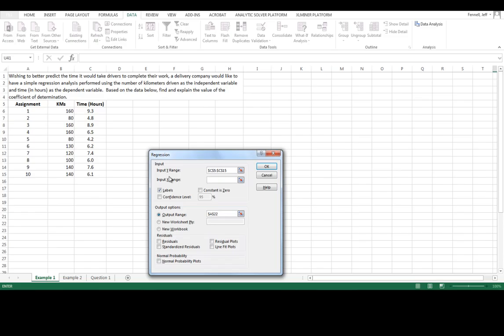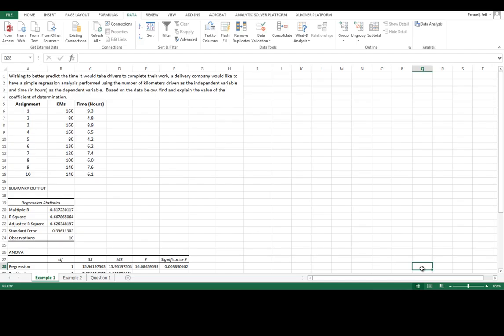That's what we're trying to predict. We want our x variable to be the number of kilometers. Will kilometers accurately predict the time it takes to complete? Again, because I selected the column headings, I'm going to make sure that labels is selected, and I will have this output on this same page.